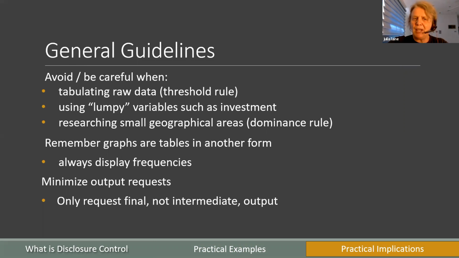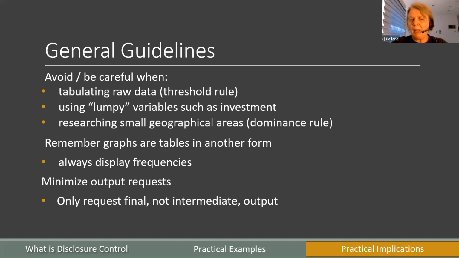Be careful when you're tabulating raw data. You think about the threshold that is required. You've got to be careful about using measures like investment, because quite often there can be just a couple of companies that have investment and the rest of them have zero. And so you can run into problems there.